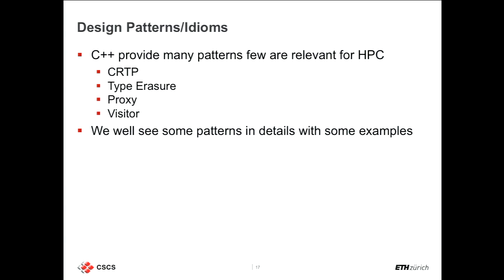We are going to discuss the CRTP pattern, the curiously recurring template pattern, and the proxy pattern, because we have found these things very useful in our daily job. But for the others, if you search online for C++ design patterns or idioms, you will find plenty of information about these things.